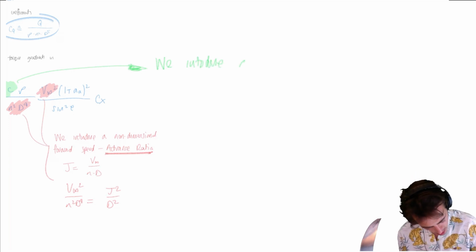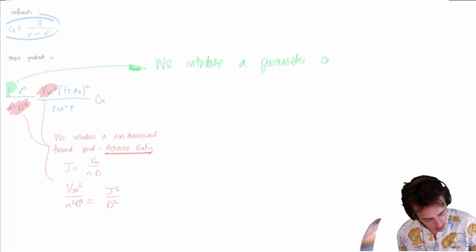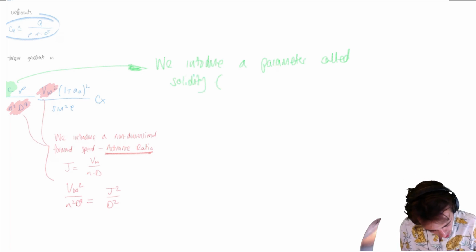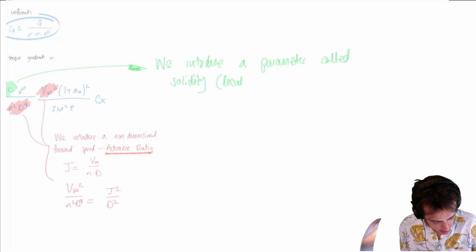So we introduce a parameter called solidity. And I'm going to put in brackets, this is local solidity.